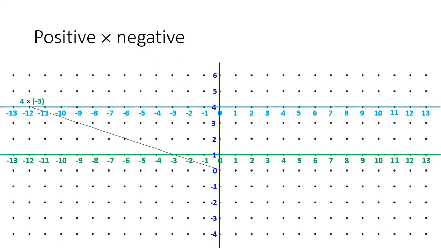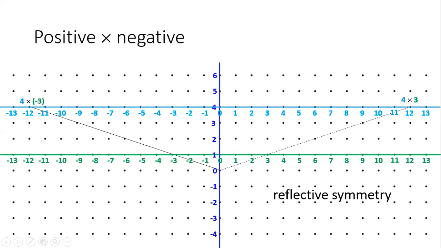Okay, and note that it is just a mirror reflection of 4 times 3. So there is reflective symmetry. You can see these two triangles that are formed by this slant line, the light blue number line, and the darker blue vertical number line.